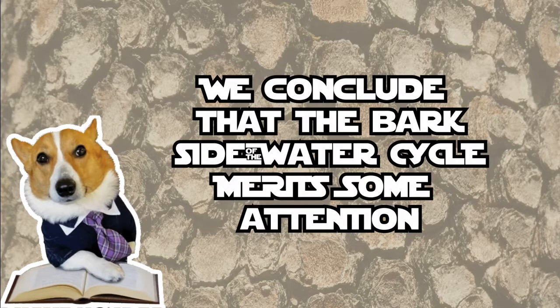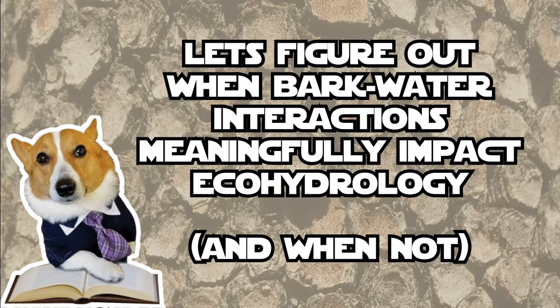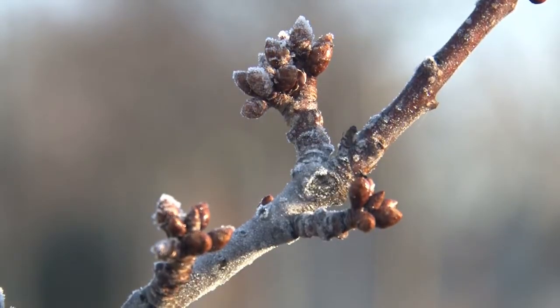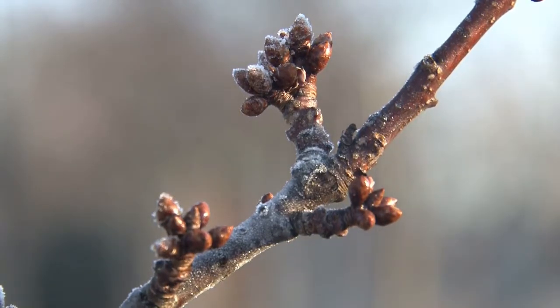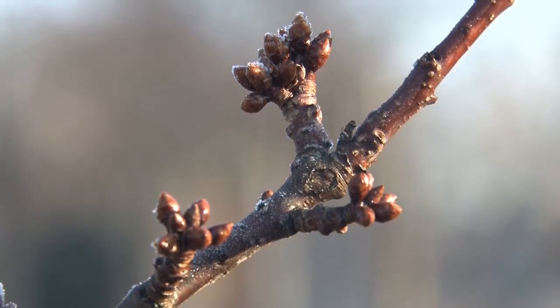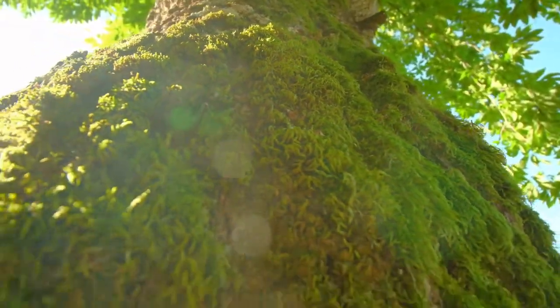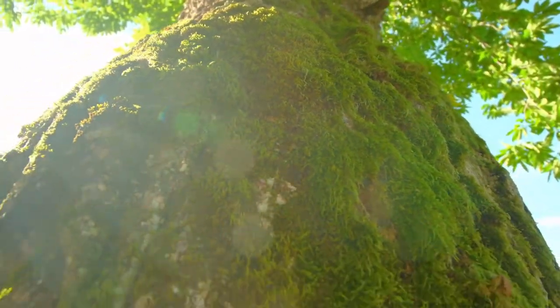We urge this research community to more comprehensively consider the roles of bark, to test the conditions under which the bark side of the water cycle may be relevant or may be ignored. In this way, future work on the ecohydrological roles of bark, whether thick or thin, may provide key insights to forest ecosystem functions through thick and thin.